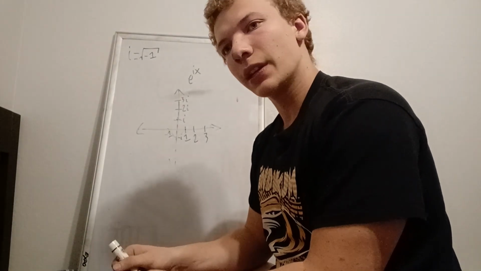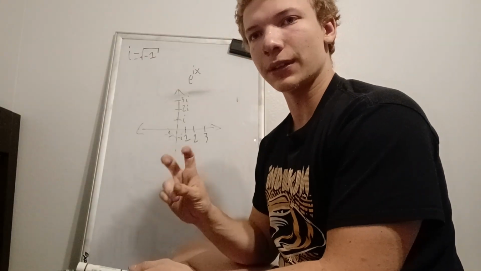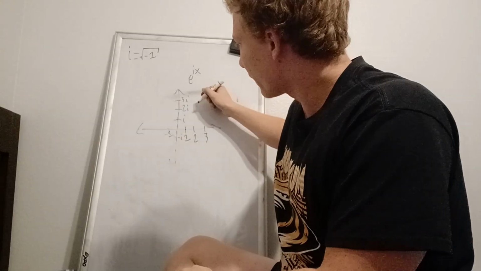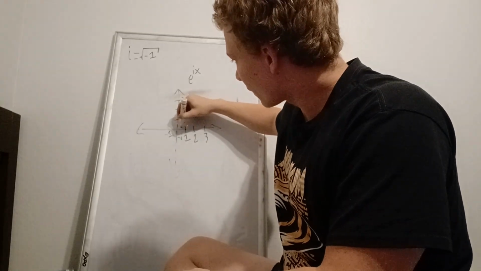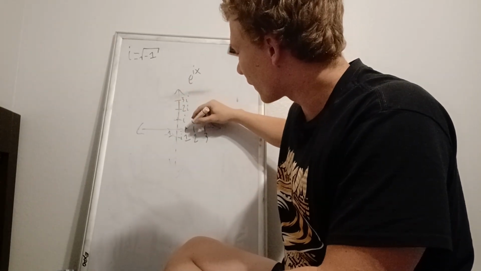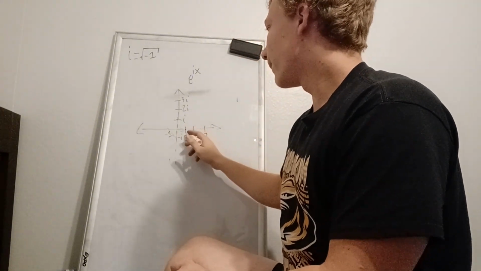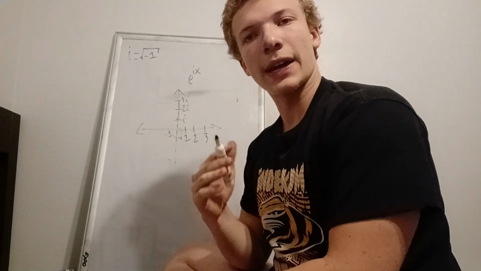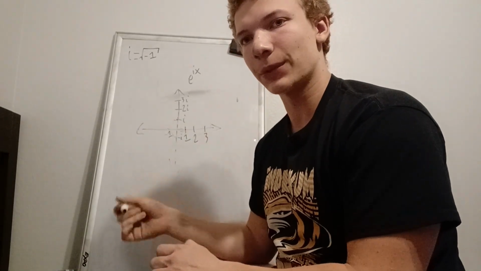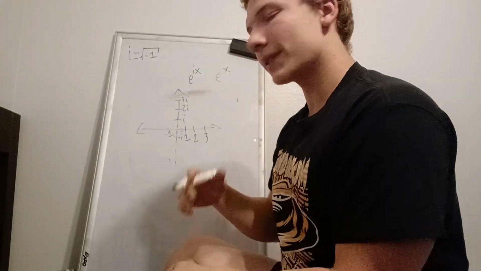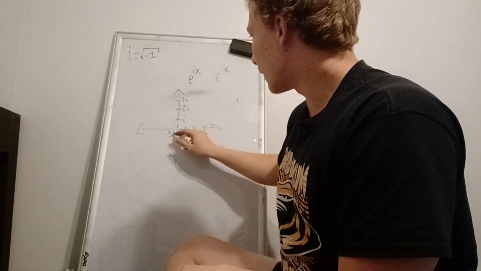Not quite. Let's consider the starting vector. If e to the 0, right, x is 0, we'll have e to the 0, which is, of course, 1 right here. The distance from 0 to 1 is going to be considered as the position vector, right? If it were e to the x, when x is 2, then it'd be e squared.